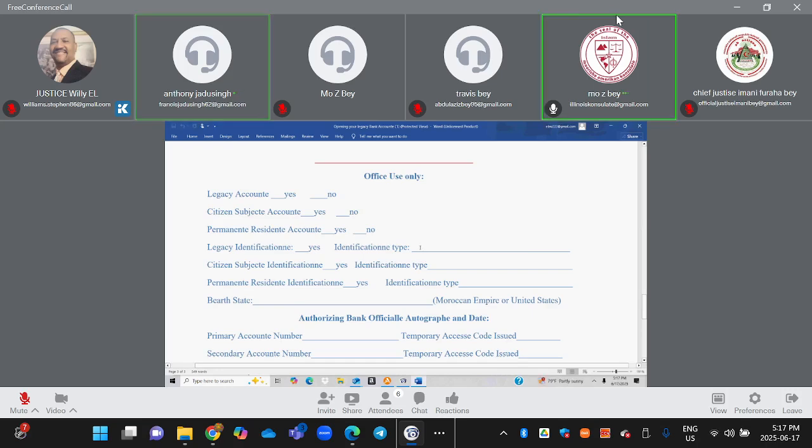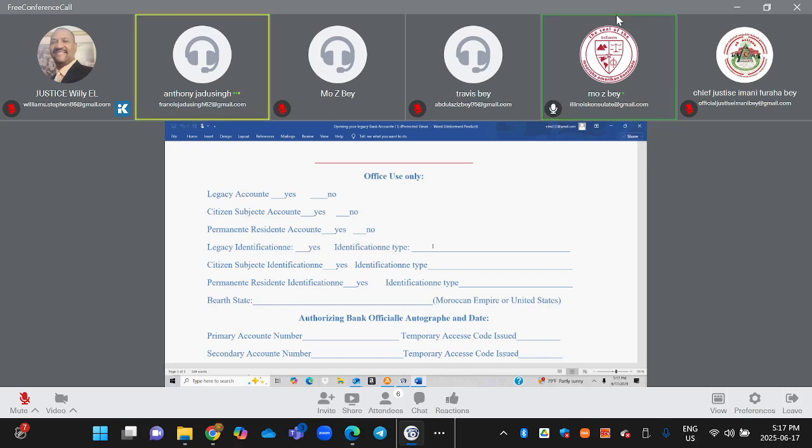Right here is identification type. If you are presenting these same documents, Al Moroccan National would be the type of identification card that I provided, which is one of the IDs I created with the same principles.